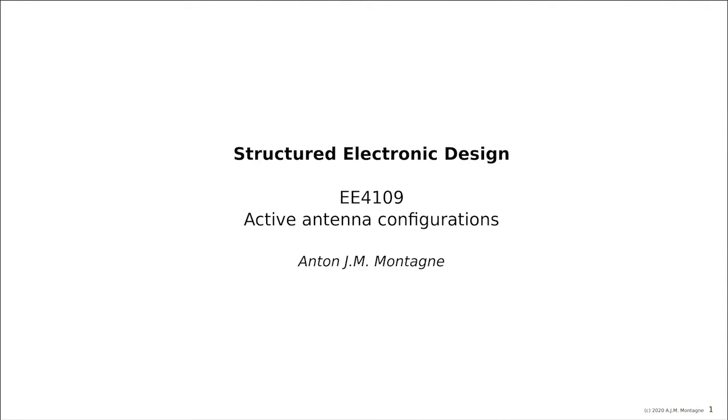Today, we will discuss the design of the active antenna, but let's say it's only an example, the design of amplifiers with overall feedback. So we are going to discuss the design of the feedback configuration and the controller, design considerations for the controller of negative feedback amplifiers.